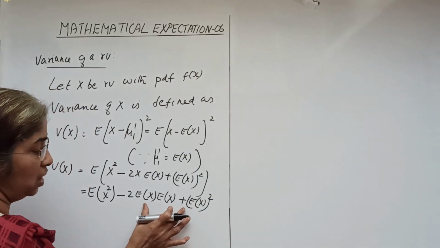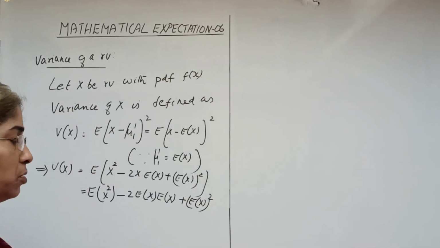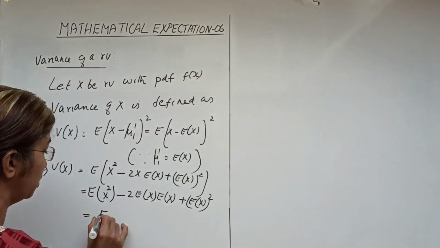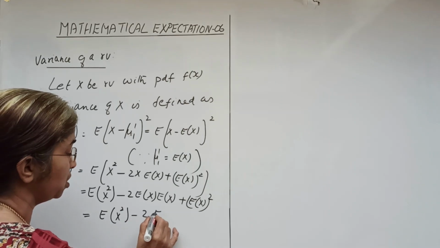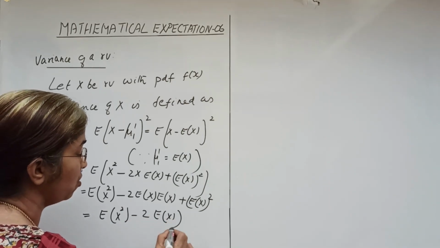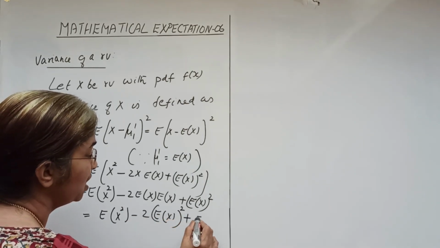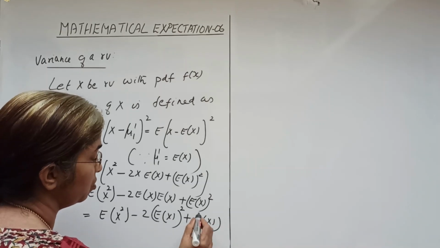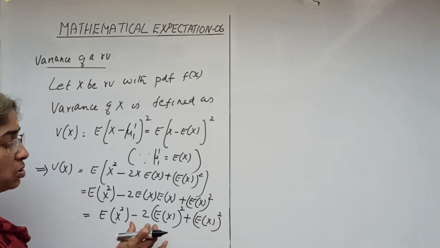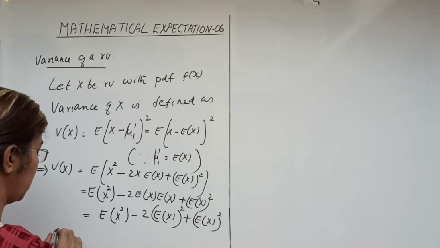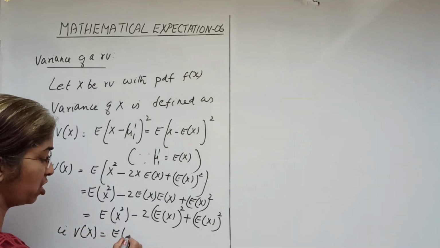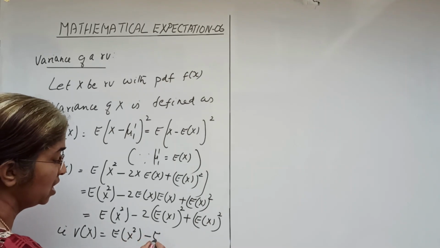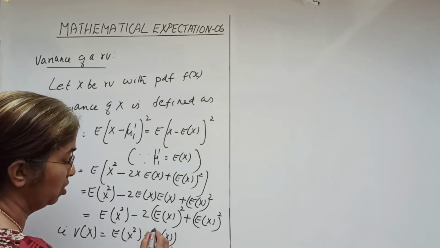So these are the same terms: expectation of X square minus 2 into (expectation of X) the whole square plus (expectation of X) the whole square. Minus 2 plus 1, so variance of X becomes expectation of X square minus (expectation of X) whole square.